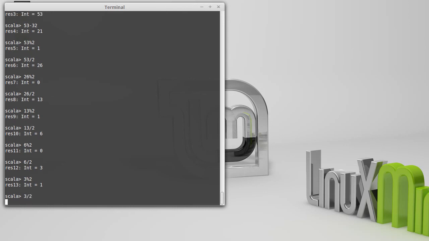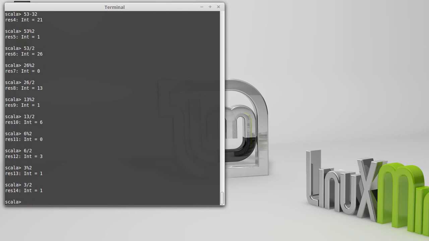And 3 divided by 2 is 1. And we can stop there, because then we have the 1 modulo 2, which is 1. So if we take all of the columns where we did a modulo and we go up them backwards, 1, 1, 0, 1, 0, 1, which happens to be the binary representation of 53.